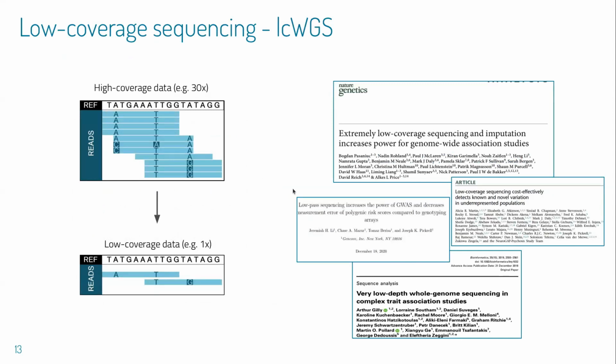It was introduced approximately in 2012 by a very seminal paper by Bogdan Pasaniuc, who evaluated off-target reads in whole exome sequencing data, treating it as a low coverage experiment against SNP arrays, and showed that the low coverage obtained from the off-targets in the whole exome sequencing data will actually increase the power of genome-wide association studies compared to the available SNP arrays. These results have been replicated by other groups.